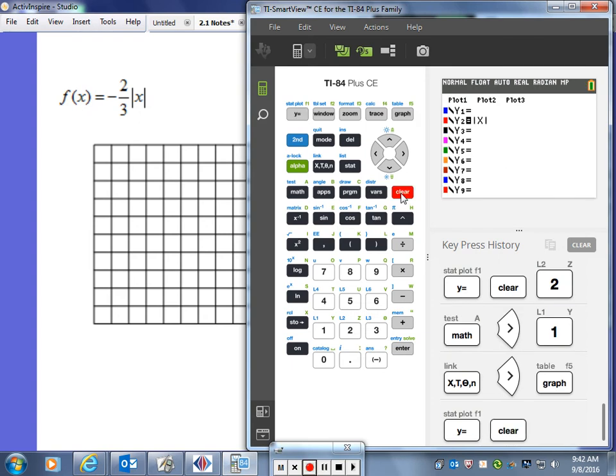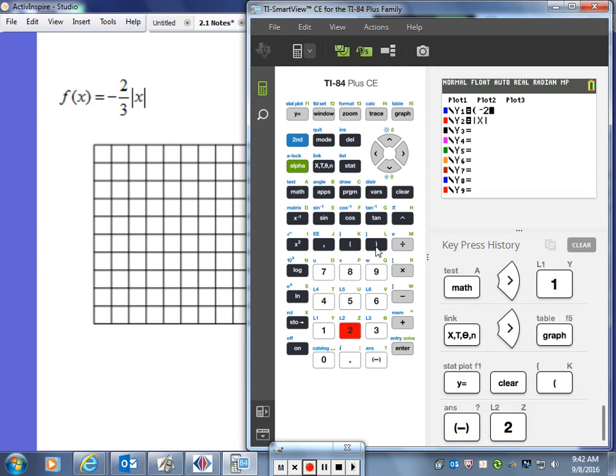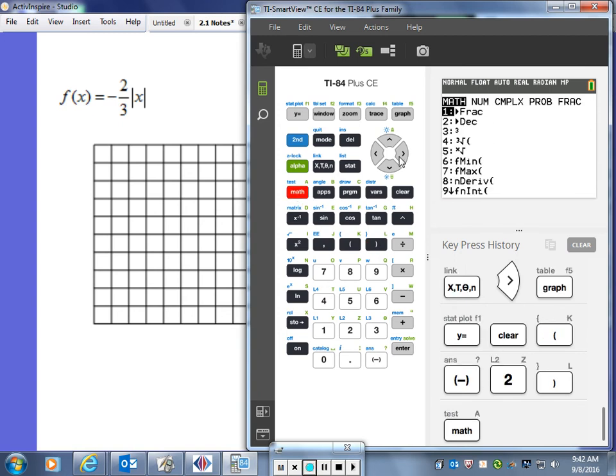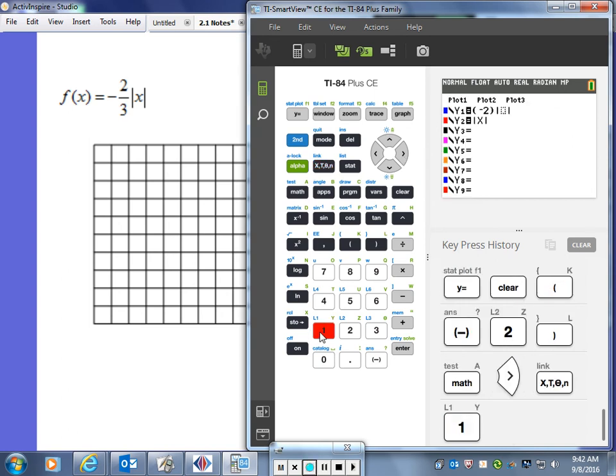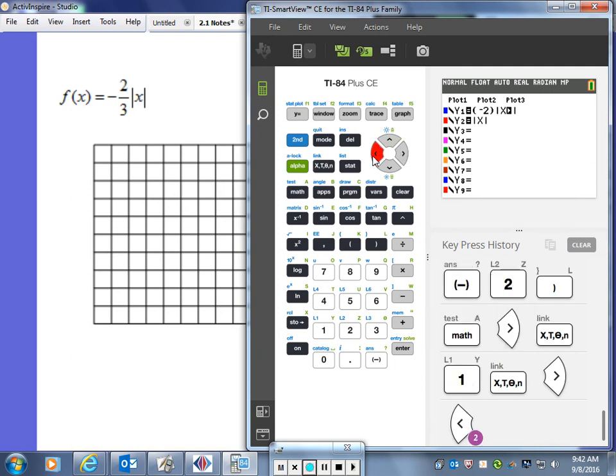y is equal to negative 2/3 absolute value of x. So now if we have a negative here, I'm going to have you use parentheses to make sure that we don't make any mistakes here. Negative 2/3 is what we're looking for, right?